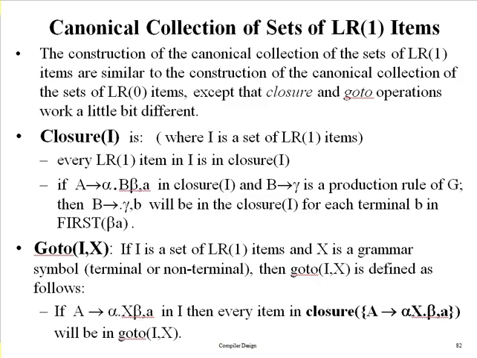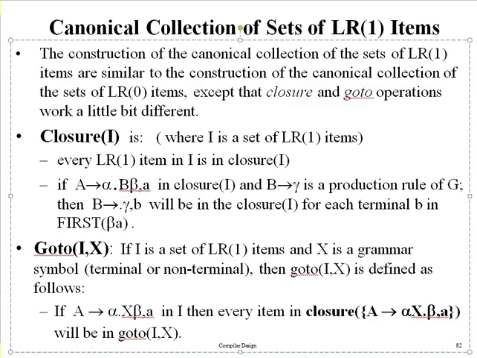But the only difference is in the closure operation. For example, A derives alpha dot B beta, comma a. Here B is a non-terminal that appears after the dot operator, so we should include all production rules of B from the original grammar.